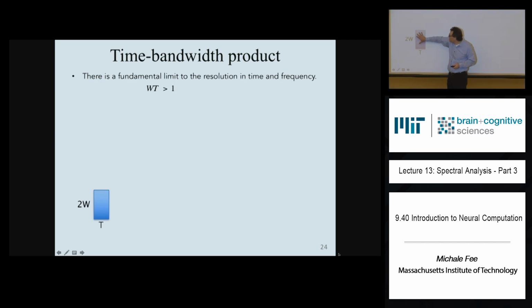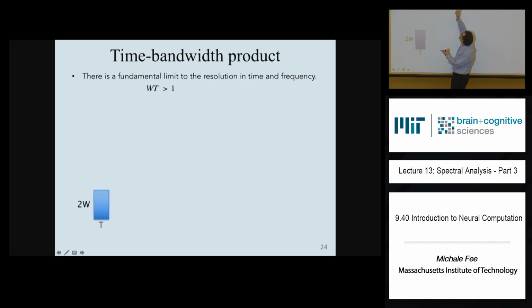What you want is to look with infinitely fine resolution in both time and frequency. But really, you can't have infinite time and frequency resolution. You're going to be smearing your view of the data with something that has a minimum area, right?